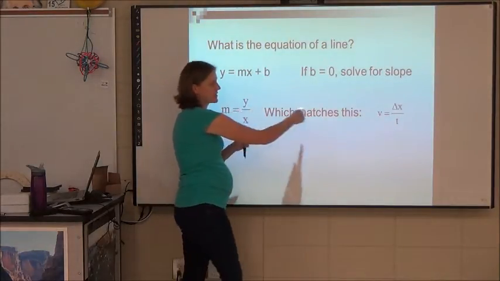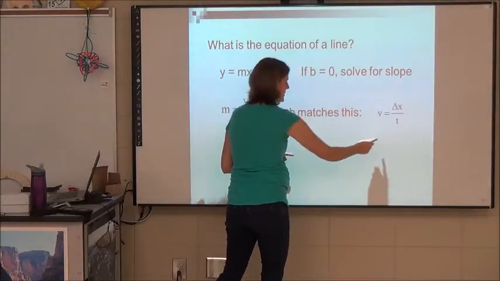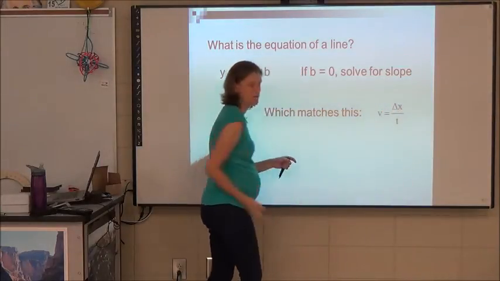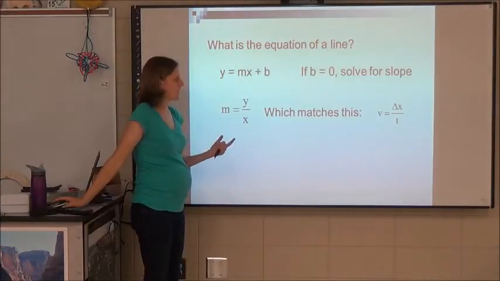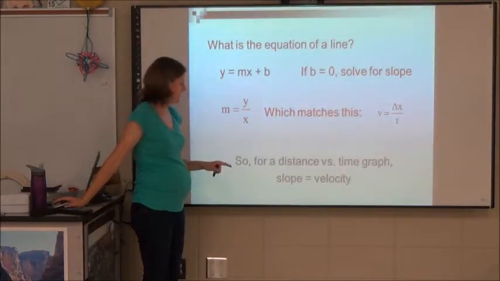On the y-axis, I would have to put displacement. On the x-axis, I'd have to put time. And if that were set up that way, slope is velocity.